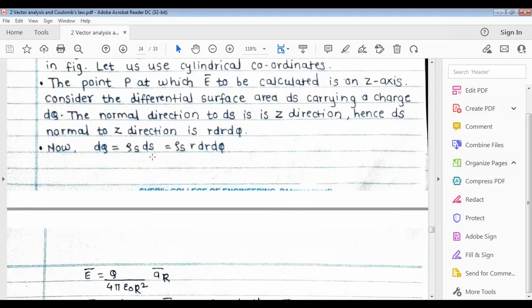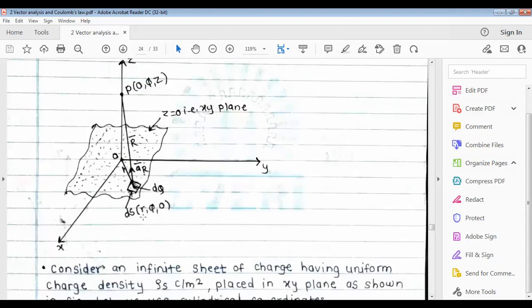The differential area is different for all coordinate systems, right? So when we are considering the cylindrical coordinate system, and here z is equal to constant, what will be the differential area? For r, the differential length is dr, and for phi it is r d phi, right?